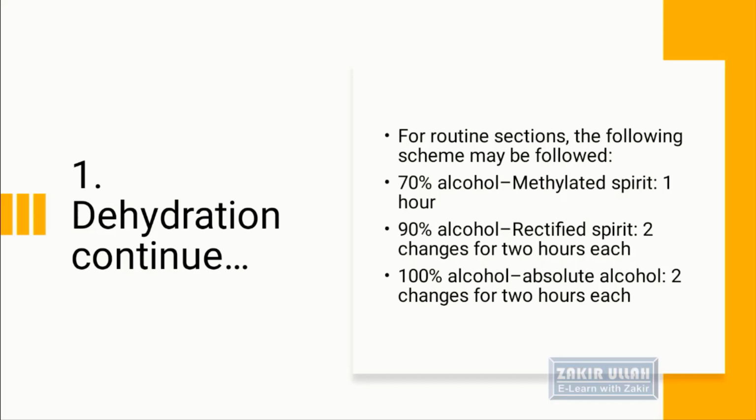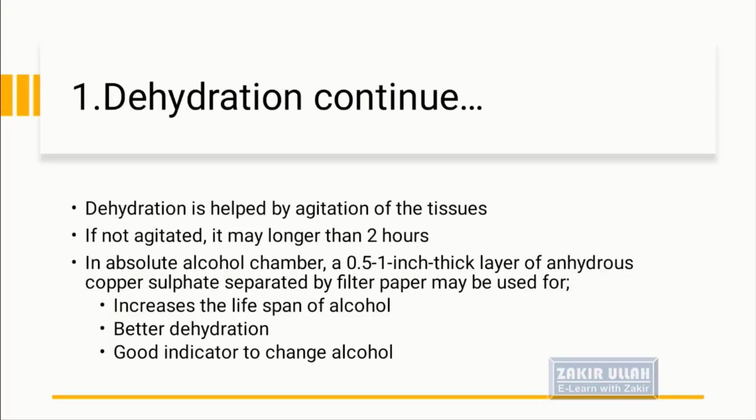And pure alcohol, also called absolute alcohol, should also have 2 changes of 2 hours each container. The process of dehydration is helped by agitating the tissues, and if the tissues are not agitated or slightly and gently vibrated, it may take longer than 2 hours.